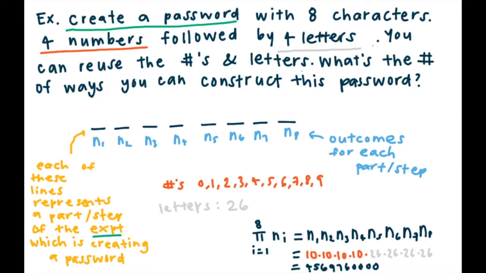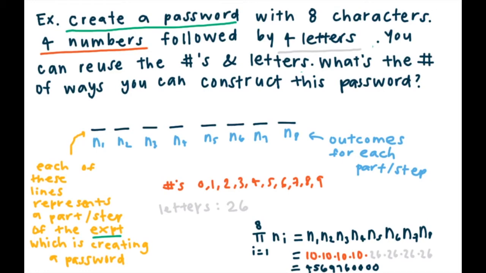So now we're going to look at an example that uses the previous theorem that we just looked at. So the example says, create a password with 8 characters, 4 numbers followed by 4 letters. You can reuse the numbers and letters. What's the number of ways you can construct this password? So in the problem, since it says that our password can have 8 characters, I drew out 8 little black lines.